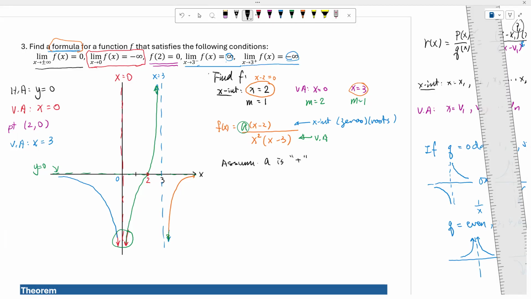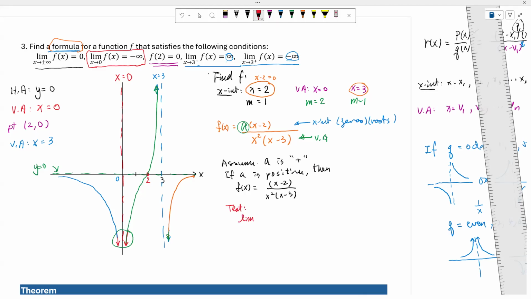If a is positive, then f of x is x minus 2 over x squared times x minus 3. Then let us test this.